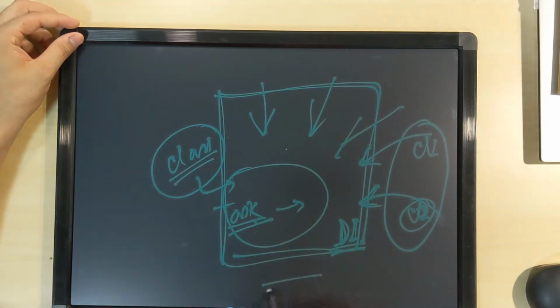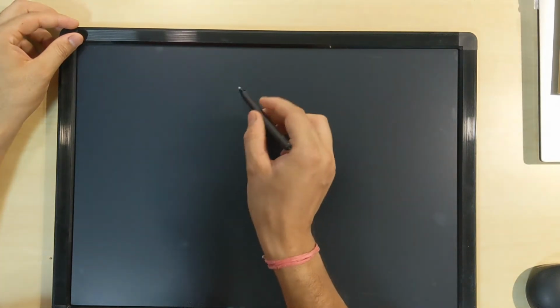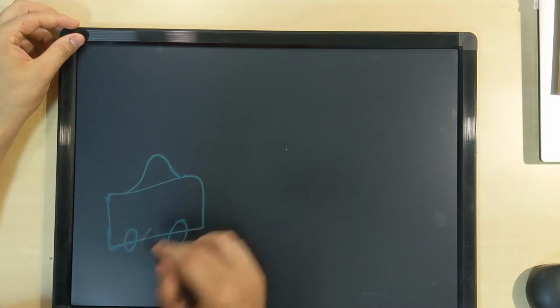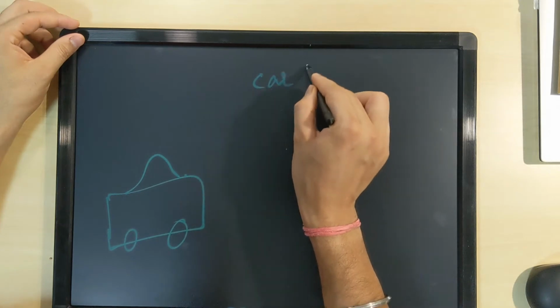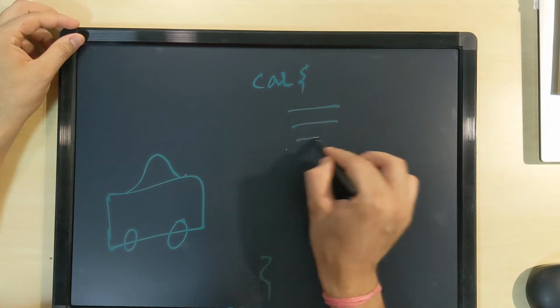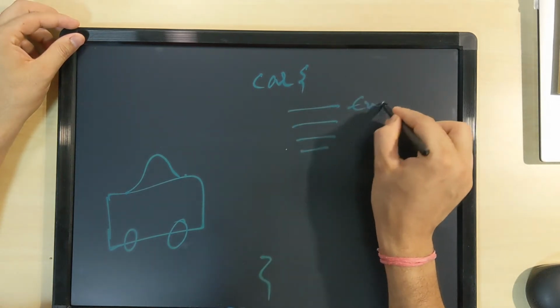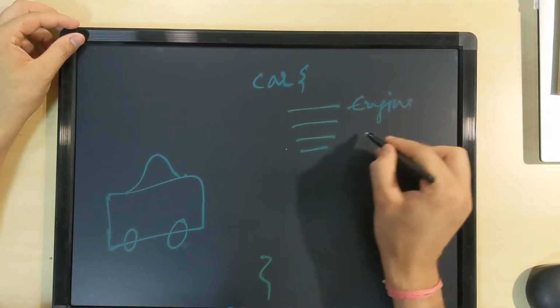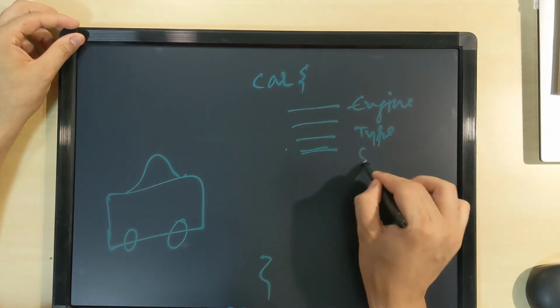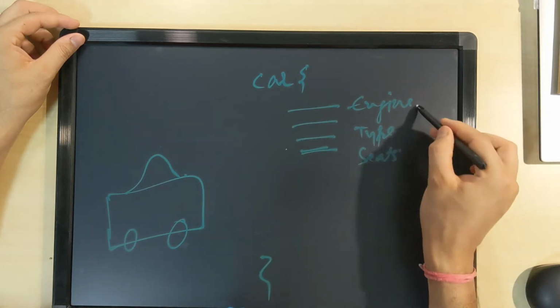Let's convert it into a class format so that you can understand better. If we create a class Car, then definitely a car has many parts, something like engine, tire, and seats.